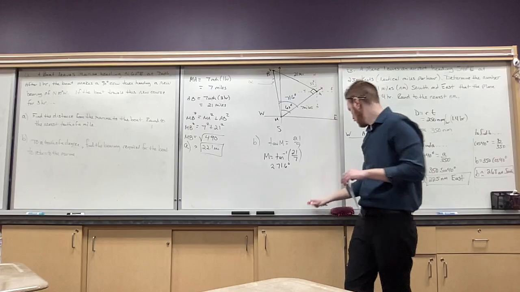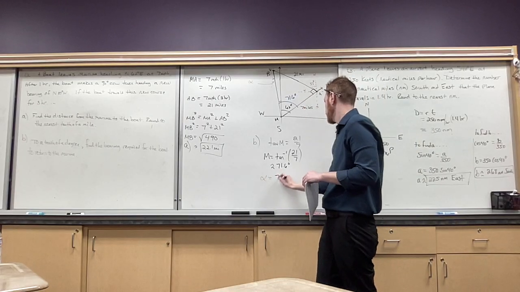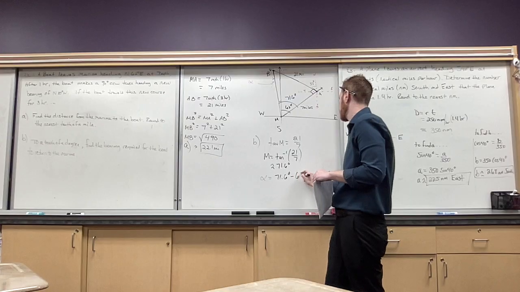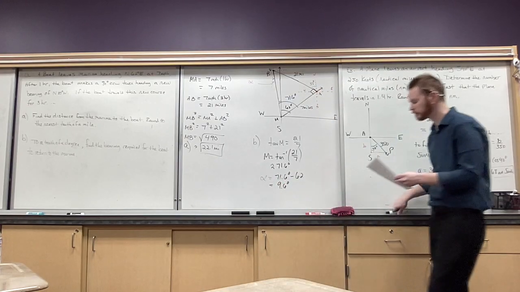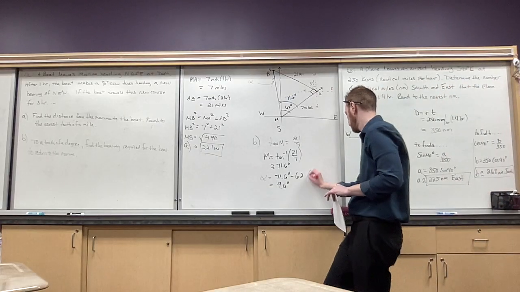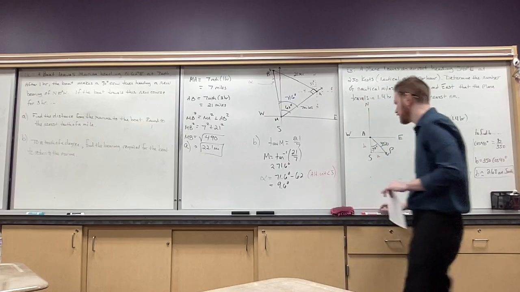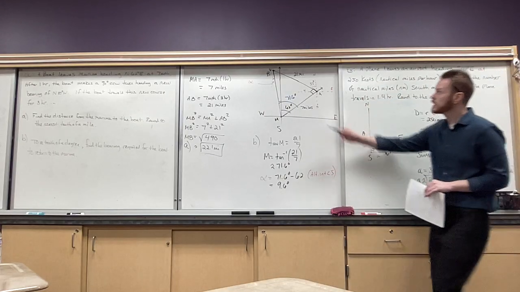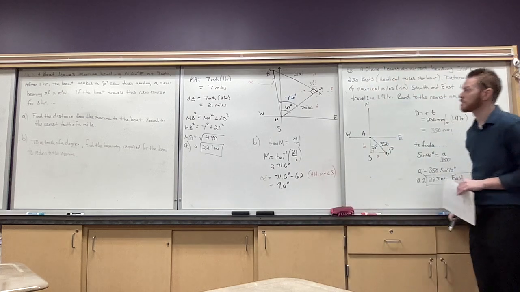To find alpha, we take our 71.6 degrees and subtract 62, and we get 9.6 degrees. I'm using alternate exterior angles, and that's why: this is parallel to the boat's north and south line.